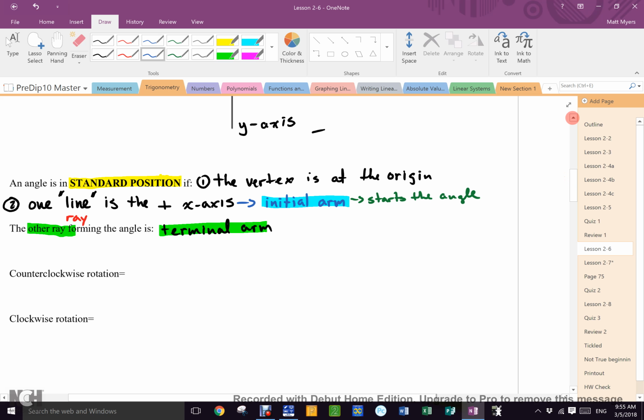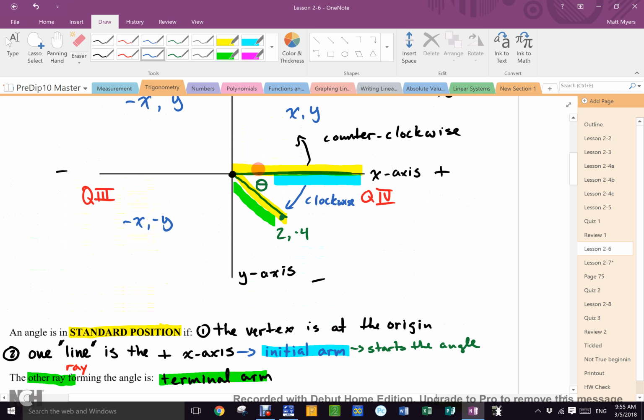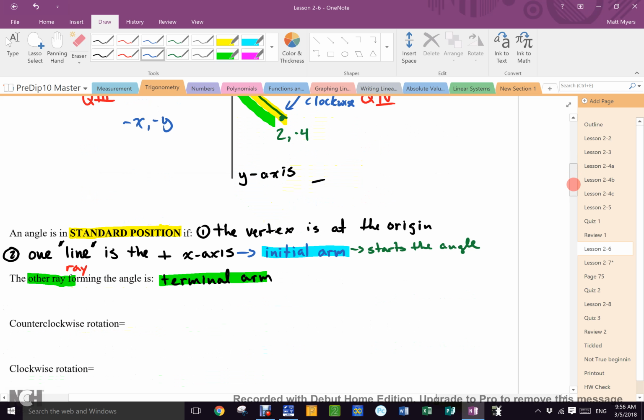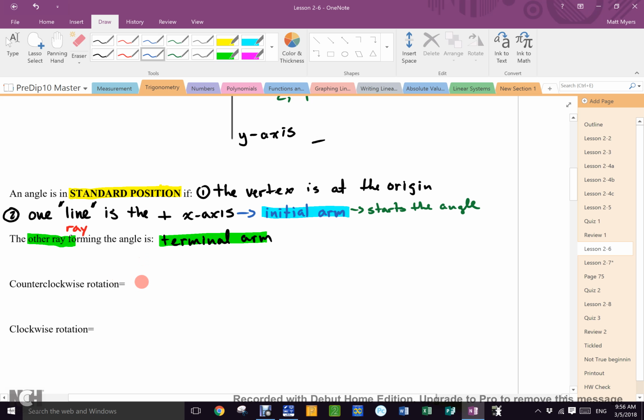You guys are smart young people. If I start here and I go counterclockwise, I'm going up, yes? What sign do we associate with up? Positive. So, counterclockwise rotation is positive degrees.